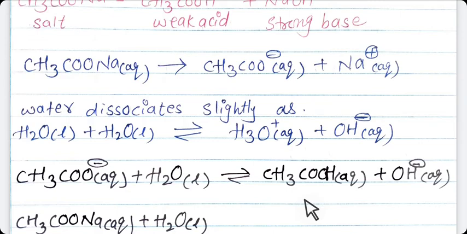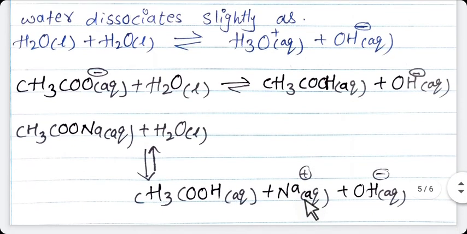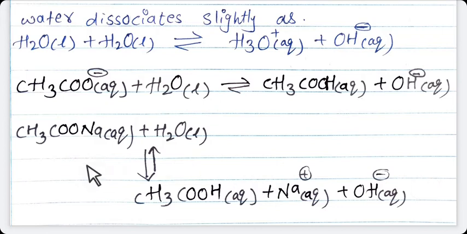Thus when we take the reaction, it is clearly seen that sodium acetate reacts with water to produce acetic acid plus Na plus OH minus. As a result of excess OH minus ion, the solution becomes basic. Therefore, sodium acetate solution is basic.